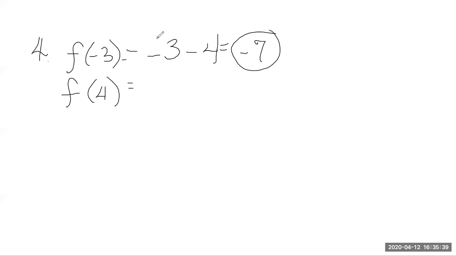Look at the next one, f of 4. If you plug in 4 for x, it makes the bottom equation's domain true. 4 is greater than or equal to -1. So for this one, we will plug into the bottom equation, replacing x with 4. And it gives us an answer of 11.